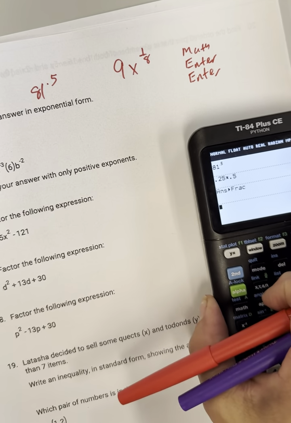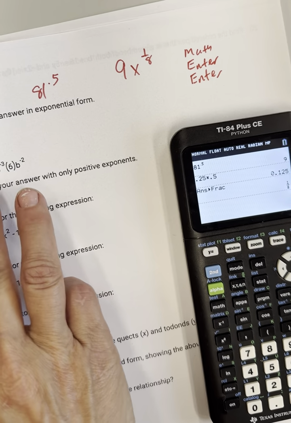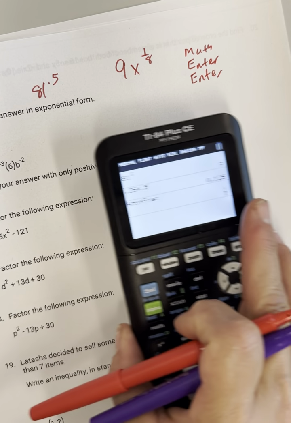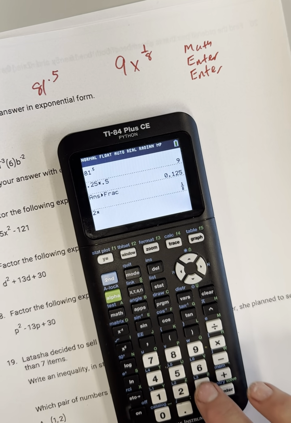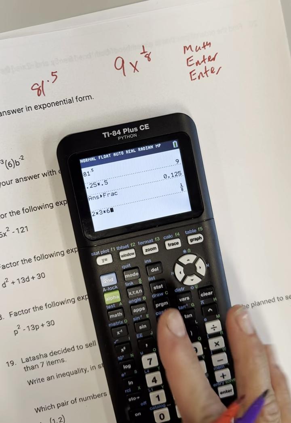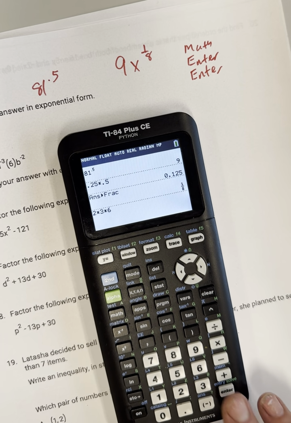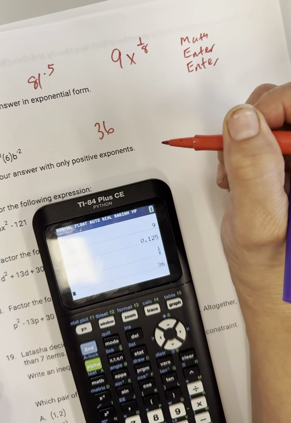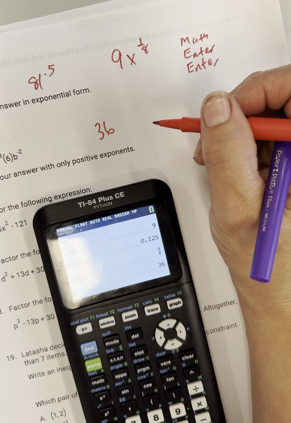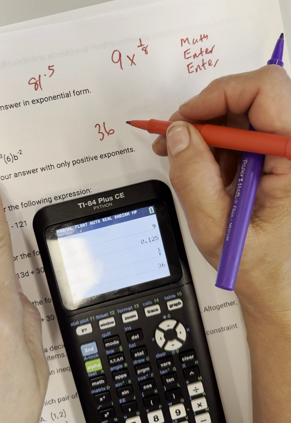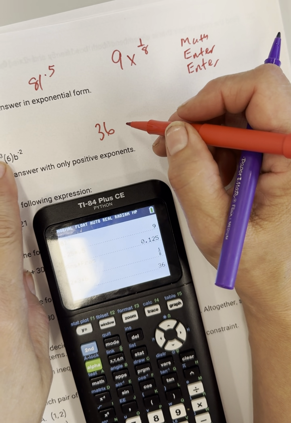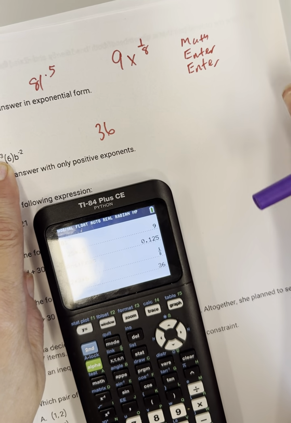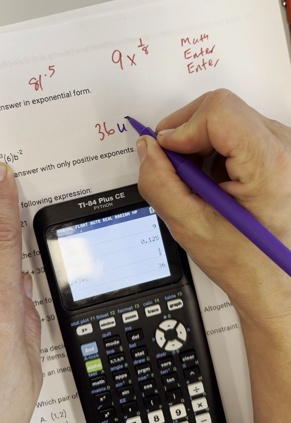Simplify. So you have 3 numbers, and they're just multiplying. So 2 times 3 times 6. 2 times 3 is 6. 6 times 6 is 36. So you have 36. And now your letters, when you multiply, you add. So 2 and -3 add together to give you u to the -1.